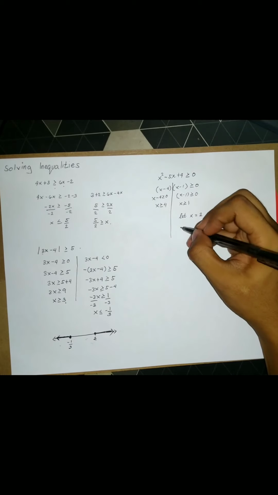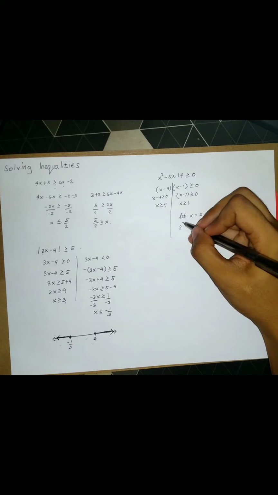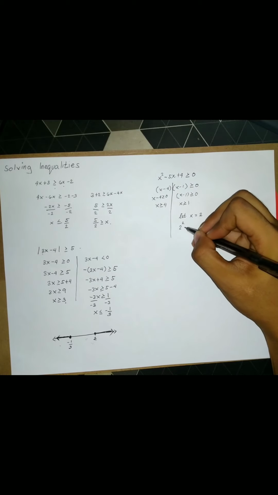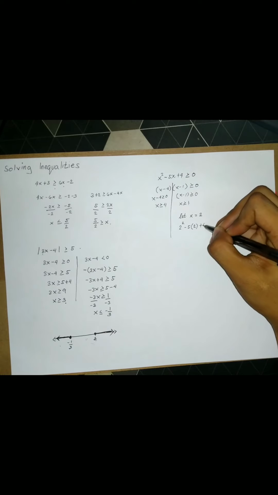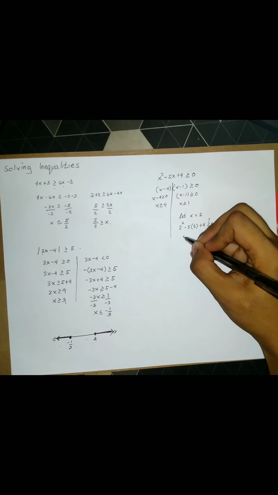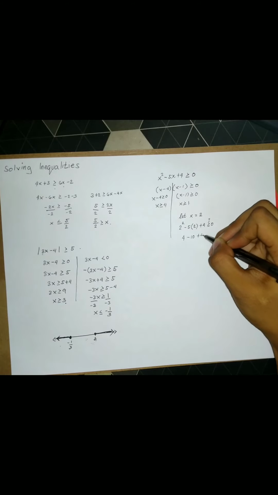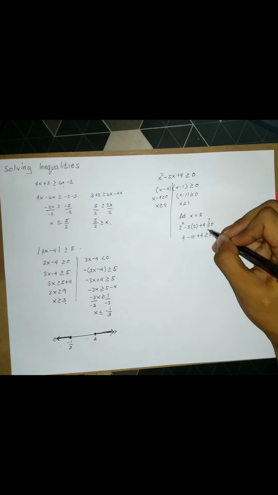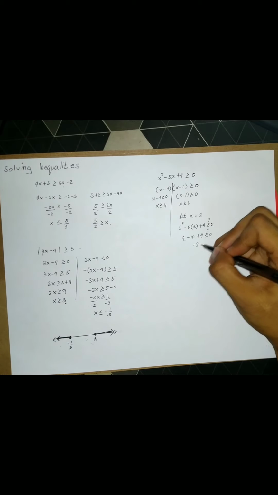Let's try. 2 squared minus 5 times 2 plus 4, is it greater than or equal to 0? That gives us 4 minus 10 plus 4. 4 plus 4, 8 minus 10, negative 2 is not greater than or equal to 0.